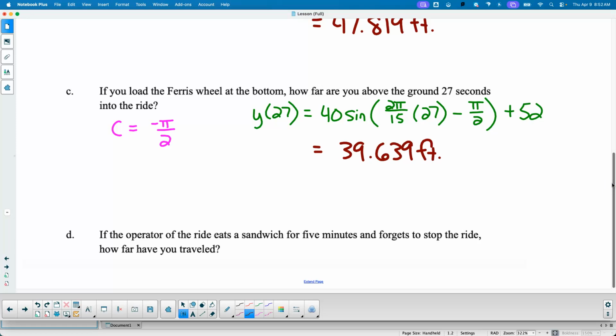If the operator of the ride eats a sandwich for 5 minutes and forgets to stop the ride, how far have you traveled? Well, you're going around how many times a minute? 4 times a minute, because it's 15 seconds to go around, right? So how many times total have you gone around in 5 minutes? 20 times.